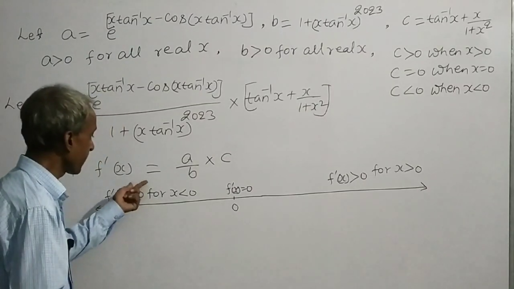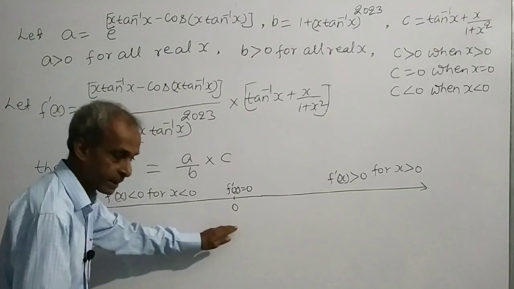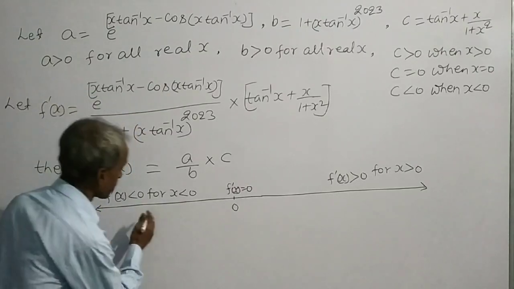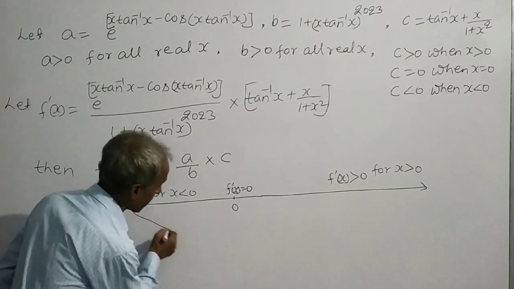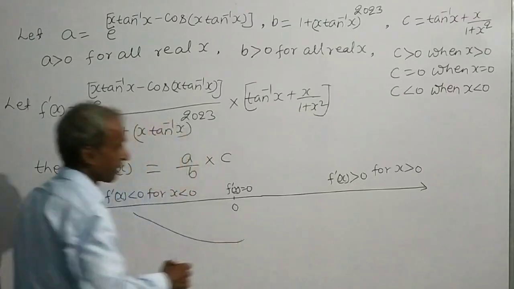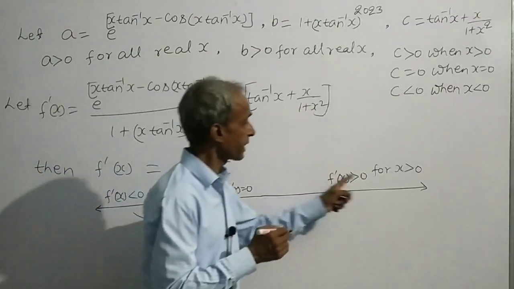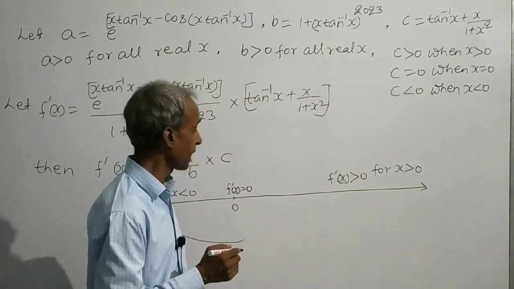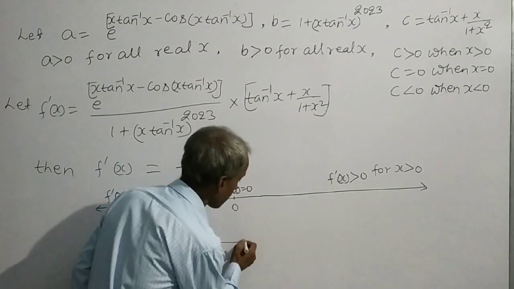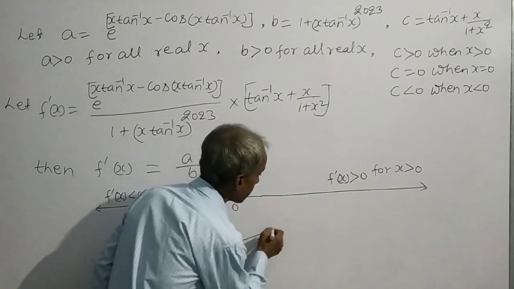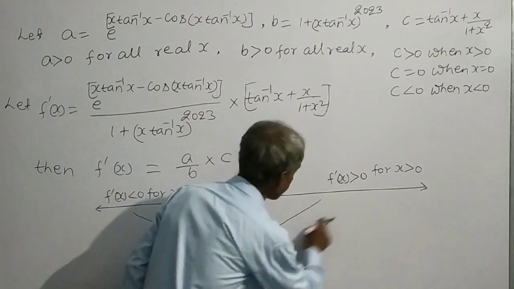Since f dash x is negative in this interval, that means the curve goes down in this interval. And since f dash x is positive in this interval, that means the curve will go in the upward direction in this interval.